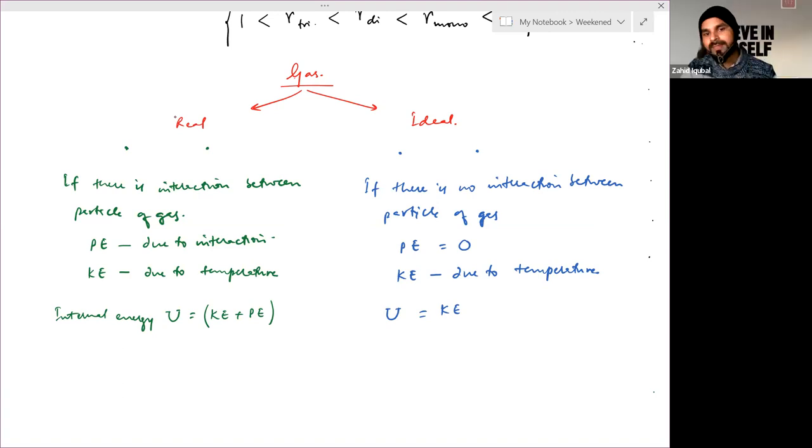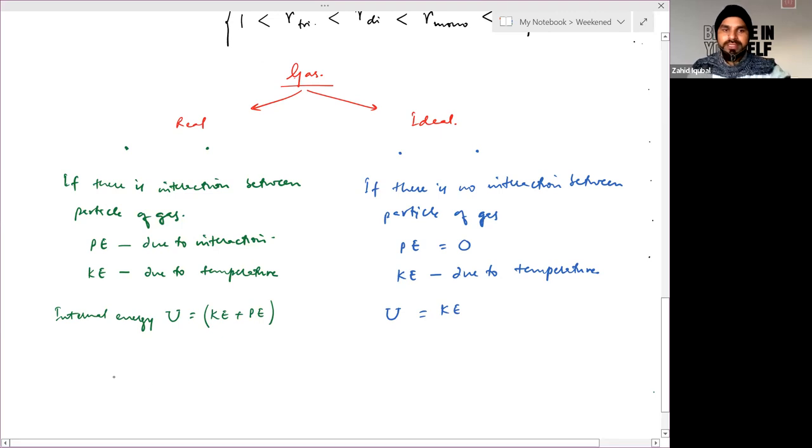Next, since temperature defines kinetic energy, if you increase the temperature of that particular system, particles will have more kinetic energy, more randomness, so they will get least interacted with one another.